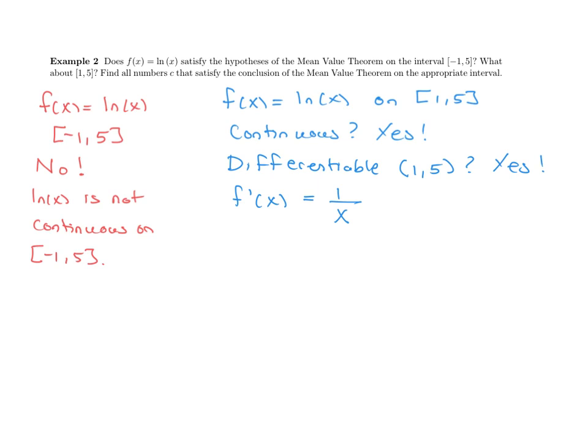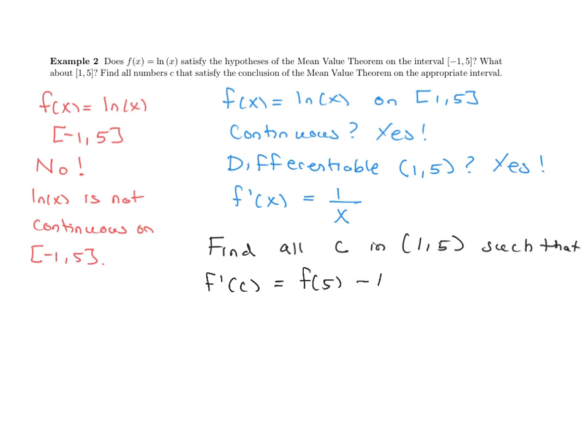So what we're looking for is we want to find all numbers c in the interval from 1 to 5 such that f prime of c is equal to f of 5 minus f of 1 all over 5 minus 1.